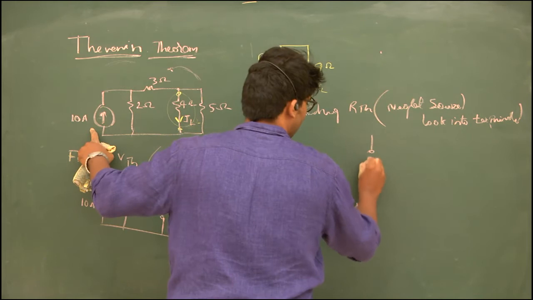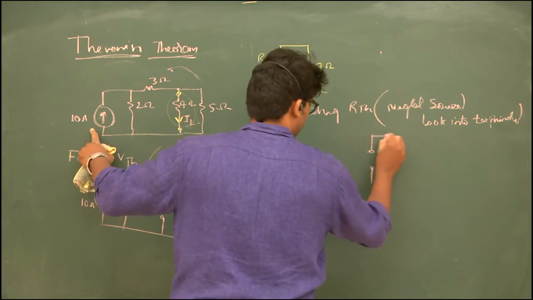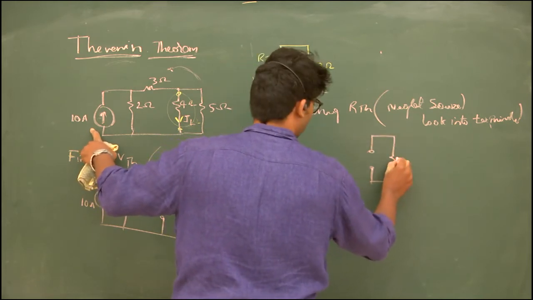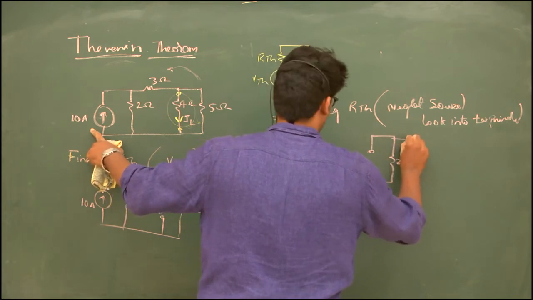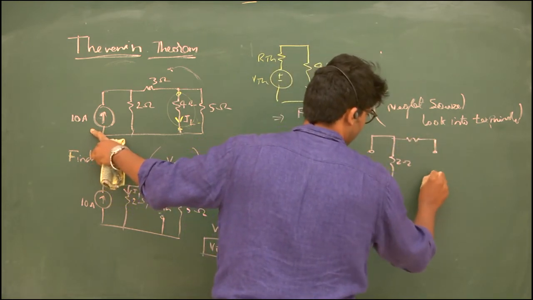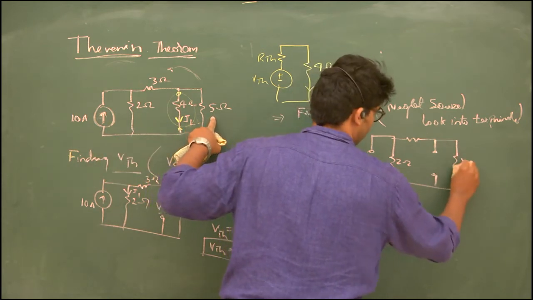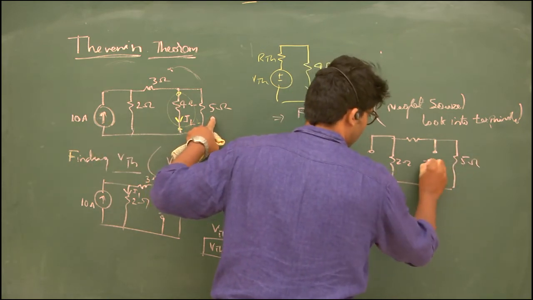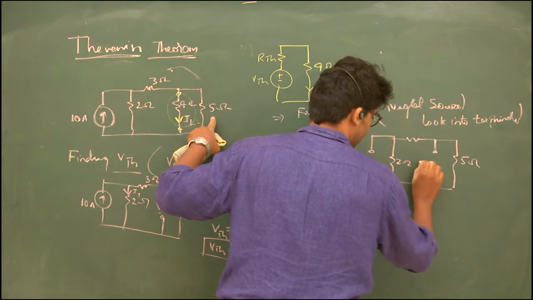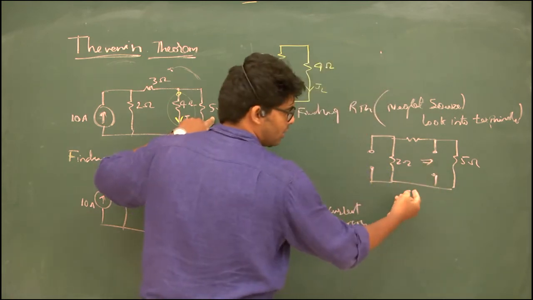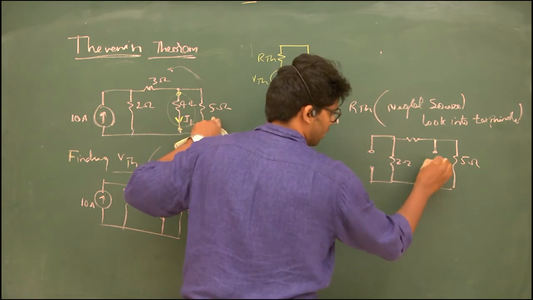So we open that current source, and we keep the resistances 2 ohm and 3 ohm. We open the terminals, and this is a 5 ohm. So we have to look into the terminals, either this direction or this direction.